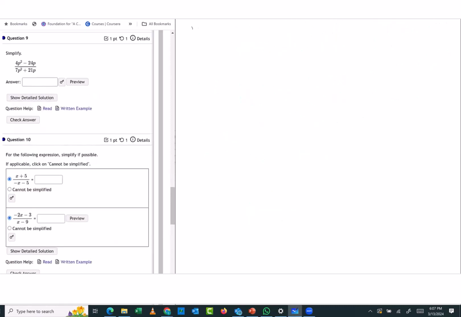Number 9, 4p squared minus 24p divided by 7p squared plus 21p. Now remember the rule. The rule is I can only cancel factors. I can't cancel terms. I've got to factor these. I know my greatest common factor in the numerator is 4p.